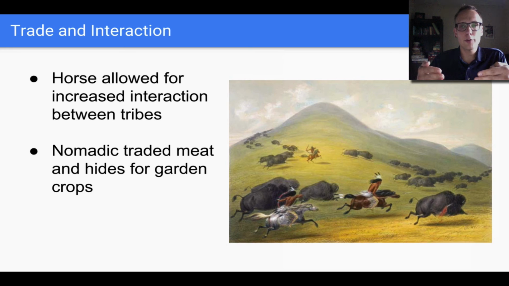The horse allowed for greater interaction between all the groups, and nomadic tribes would trade buffalo meat and buffalo hides to the sedentary tribes for some of those garden vegetables that they grew. And for the most part, they lived in peace, but there were times of violence between them over land and resources and hunting grounds.